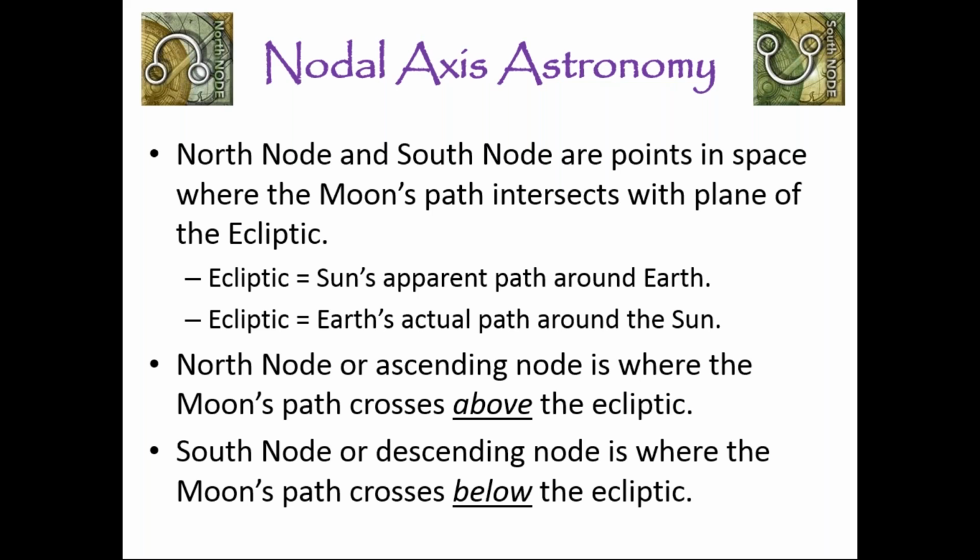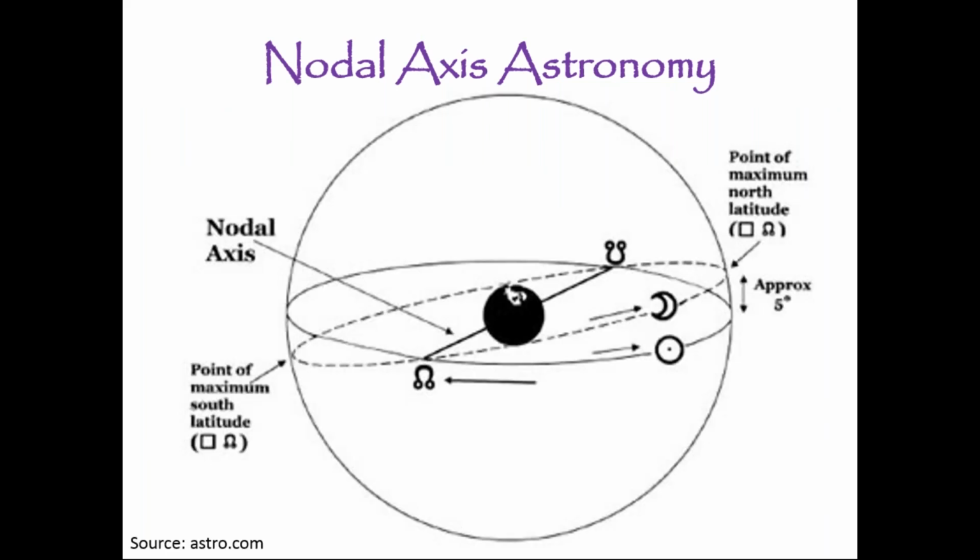When the moon crosses above the line of the ecliptic, that is the north or ascending node. Two weeks later, with the transiting moon, it will cross below the ecliptic, and that will be the south node or the descending node. Here's the astronomy to it.